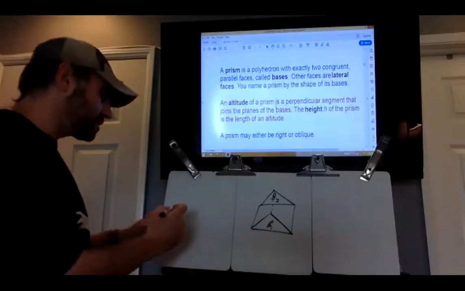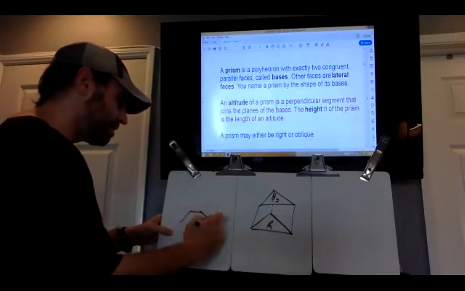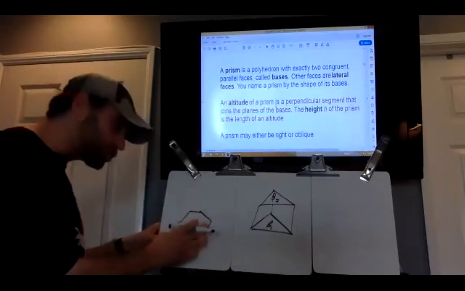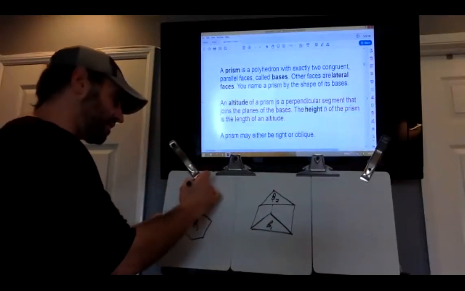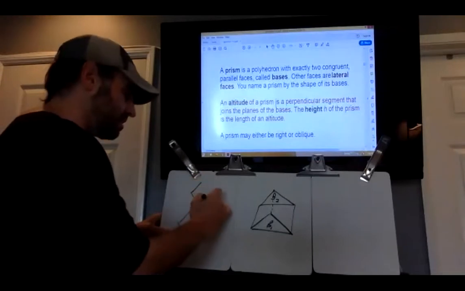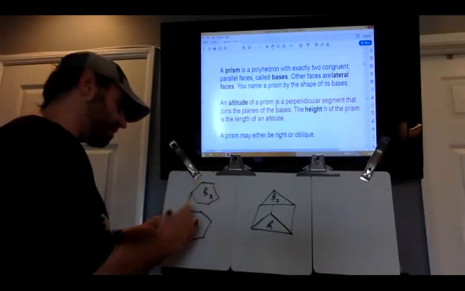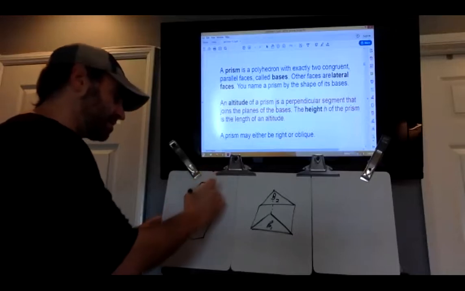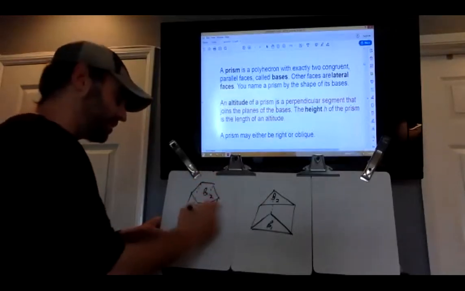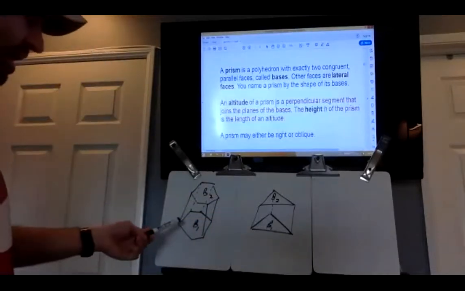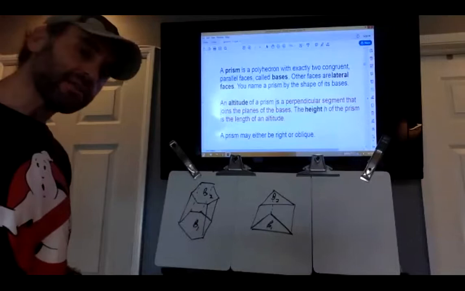Okay, if the base was a hexagon and I stretch it up, I've got to make another hexagon. That's not so much fun. Okay, then that's called a hexagonal prism.